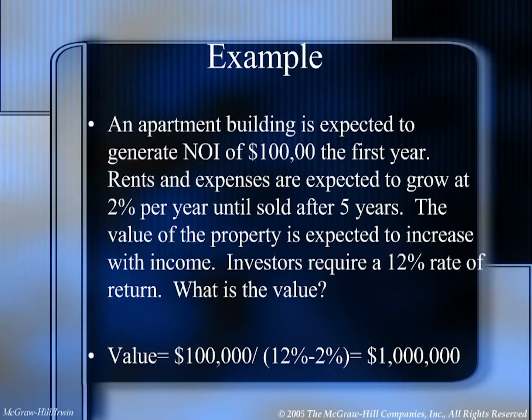What's the value of this property? We'd say it's just $100,000 that it's going to get at the end of the next year, divided by the required return of 12 minus the growth rate of 2, and we'd get $1 million.